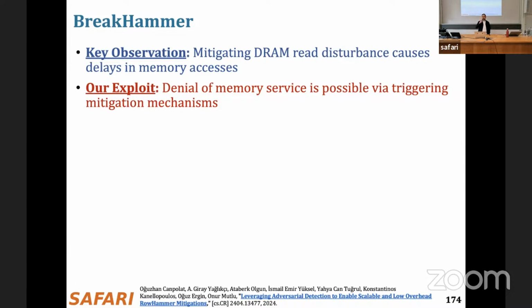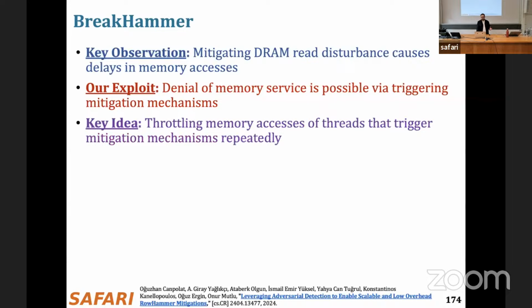You can keep triggering these mechanisms, so they keep the DRAM chips busy. So the DRAM chip cannot service your memory requests, and as a result, you end up denying the memory service. It causes a lot of performance overheads. It's a very charming attack for malicious people.